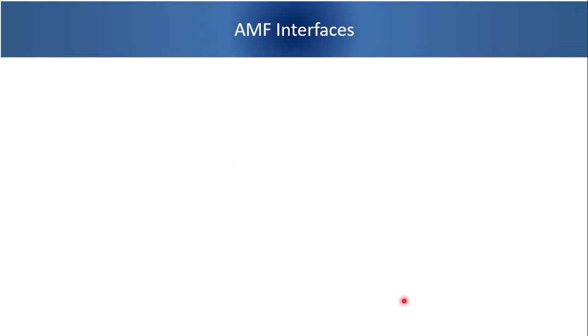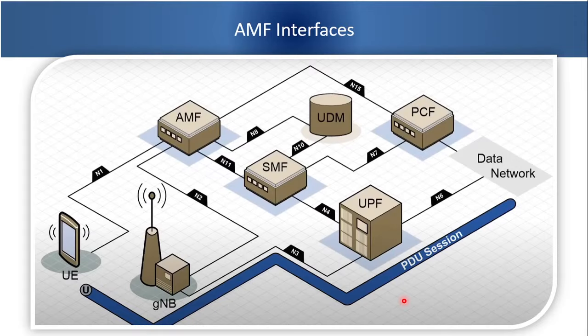So now let us look at the various interfaces which are required for AMF to interact with various network elements. As I said, this particular architecture which I am currently showing to explain the functionality is called reference point architecture, because these are the different reference connectivity which is named.